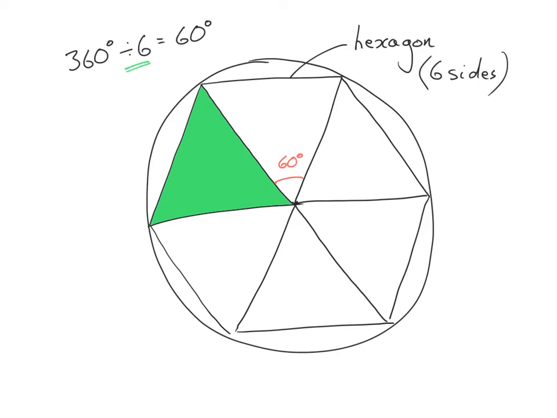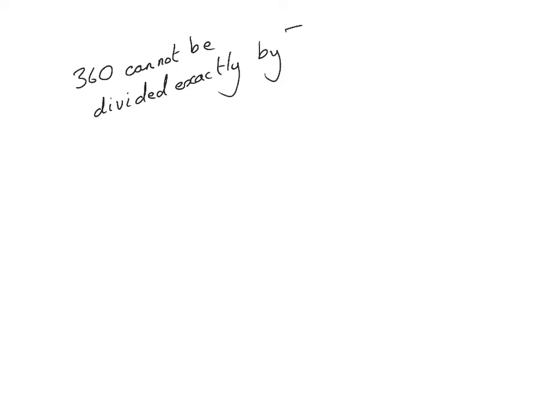It can't actually be divided by 7. So 360 can't be divided exactly by 7.